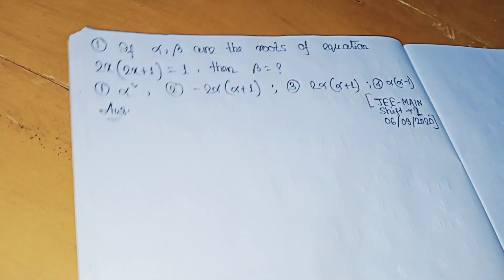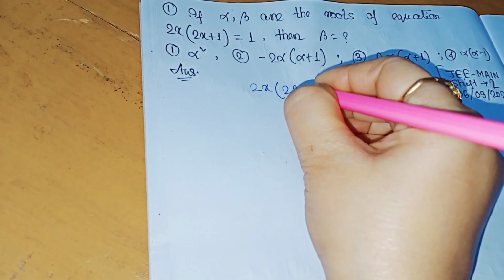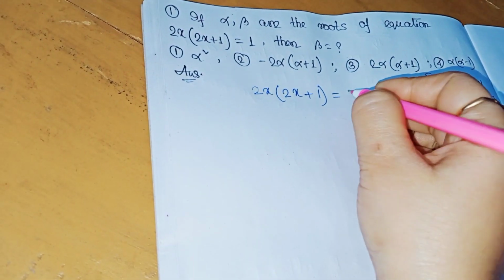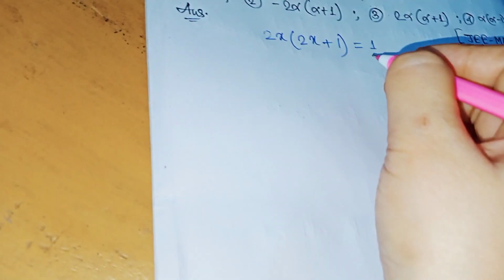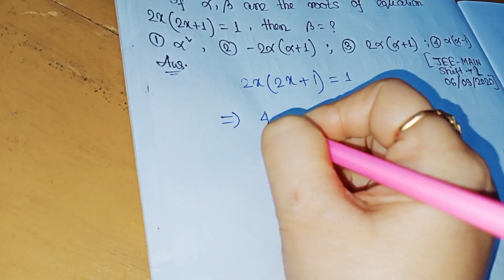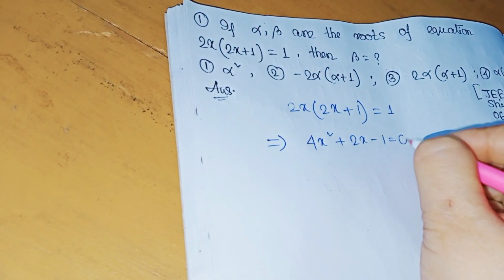This is a question on quadratic equations, and our given equation is 2x into 2x plus 1 is equal to 1. So that is equal to 4x square plus 2x minus 1 is equal to 0.